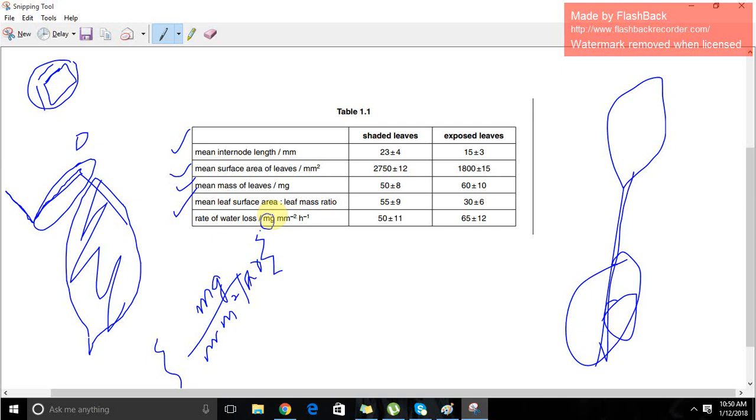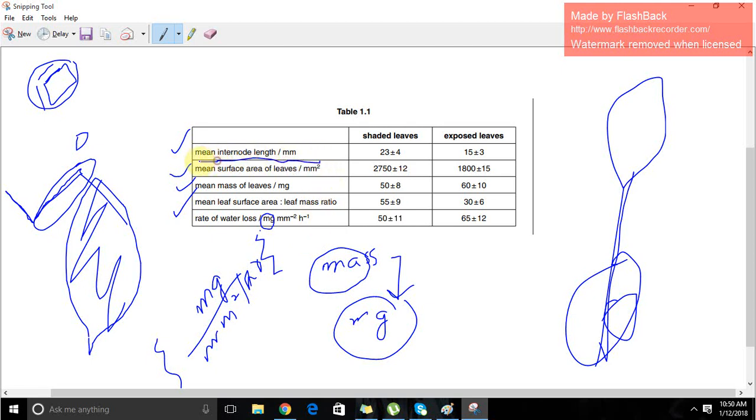So what is mass? Mass is basically the amount of substance, the amount of water, and that is what you measure in milligram or gram. And do we see any of these units around here somewhere? We do.